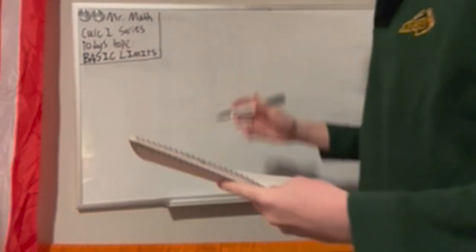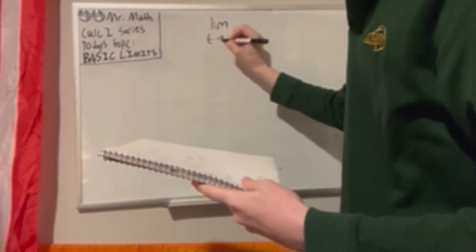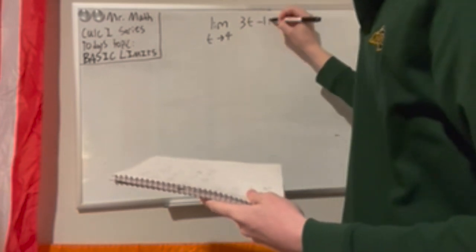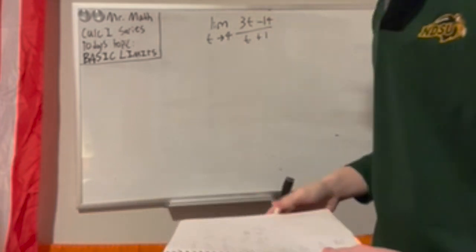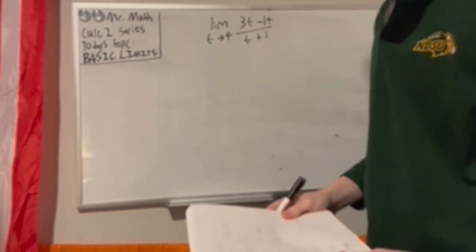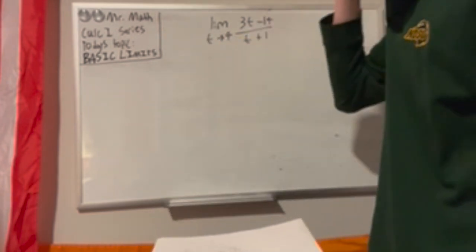It's getting fun. Limit as t approaches 4 of 3t minus 14 all over t plus 1. Now you might be saying to yourself, oh my gosh, there's no x, what do I do? Well, that's completely okay. You can treat the t just like the x or any variable they put here.